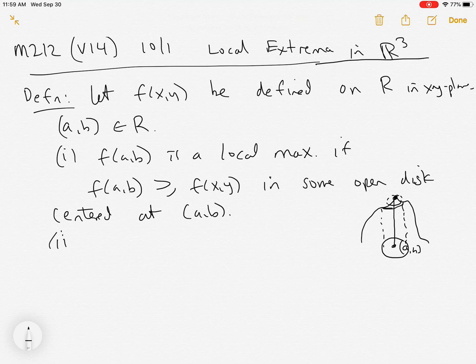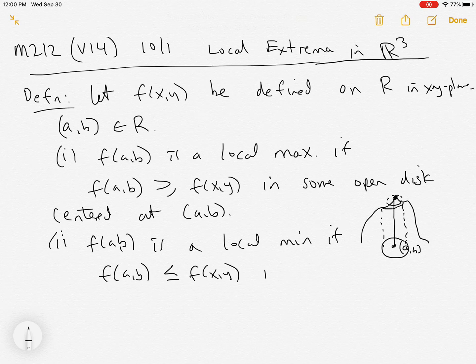And part 2 says f of (a, b) is a local min if this value is less than or equal to f of x y in some open disk centered at (a, b).